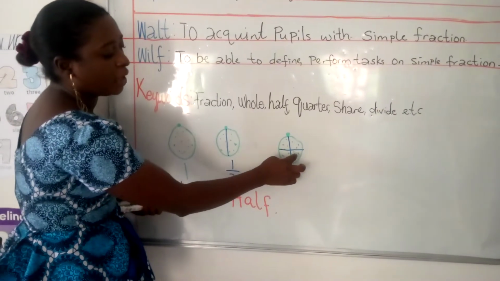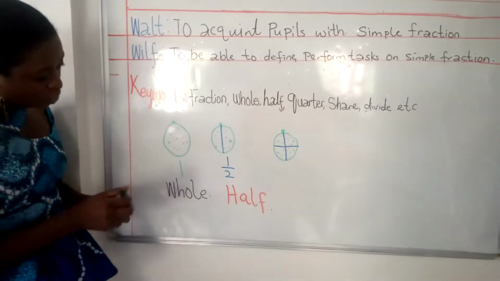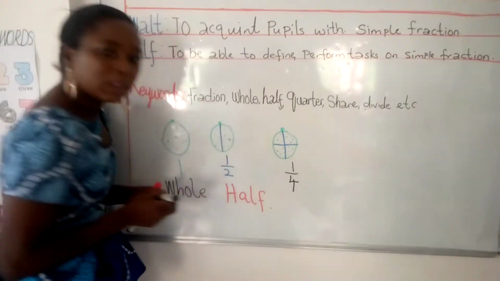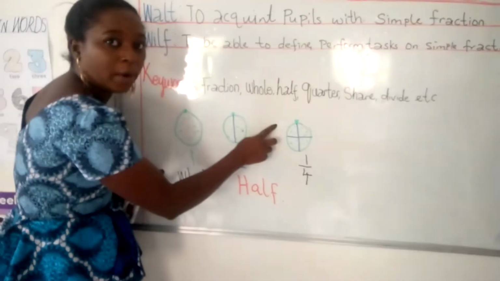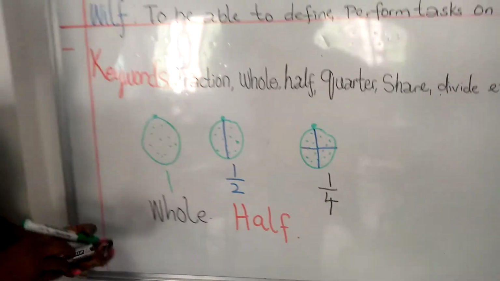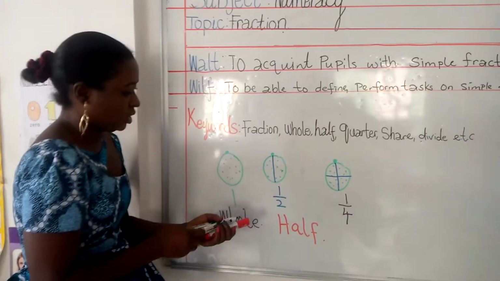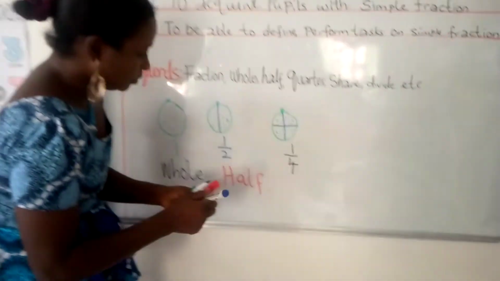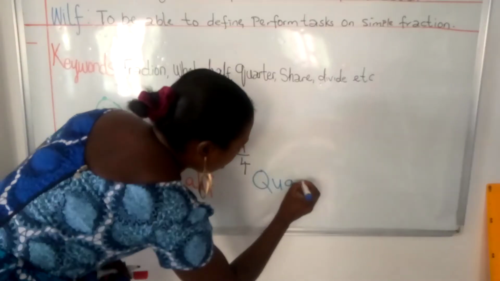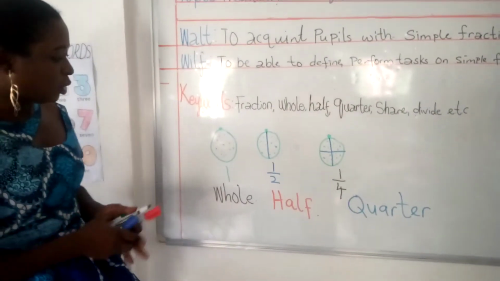I will eat 1, and I'll give Auntie Rebecca 1. So now, if I'm going to do this, that means this one will be 1 over 4. That means 4 of us are going to share 1 orange. That means each person is going to get 1 out of the 4. And this one is going to be our quarter. Okay? This one will be quarter.